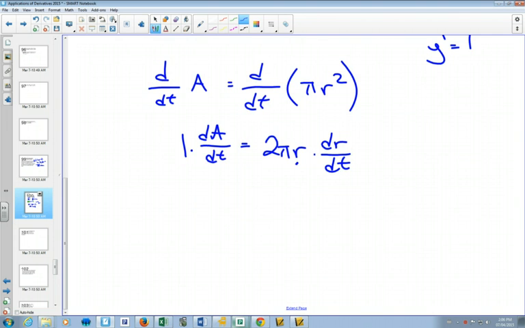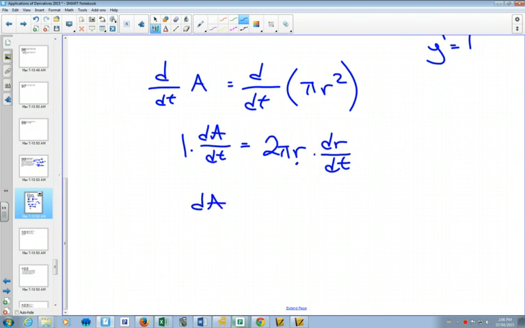Now, we wanted to find how the area is changing with respect to time at a certain specific moment. We wanted to find it when the radius was 100, and we know that dr dt is 2 meters per minute.